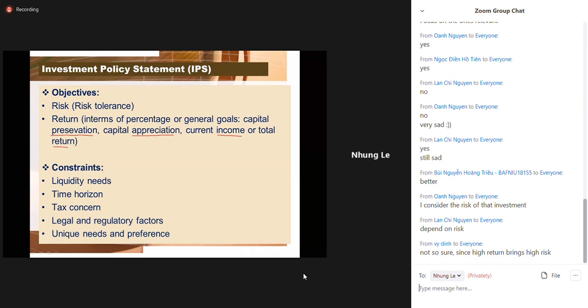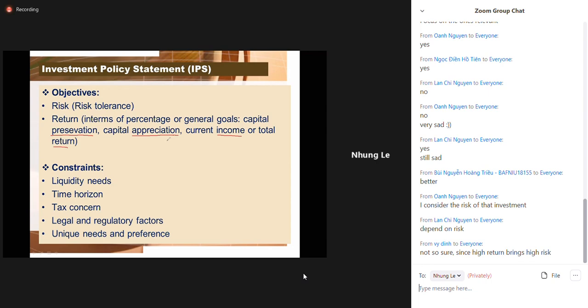On the opposite side, you may set up another objective which is called capital appreciation. It is focused on the long term, and investors try to increase the wealth as much as possible, so they can have patient capital.